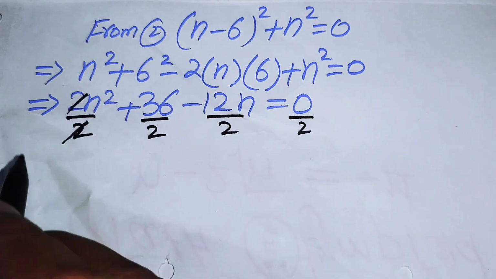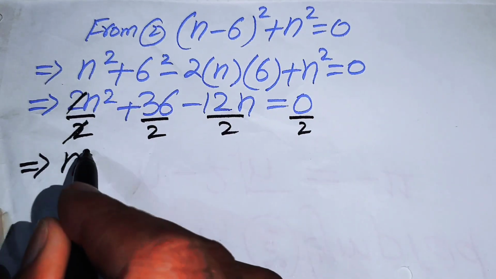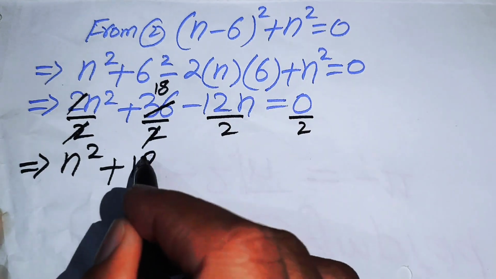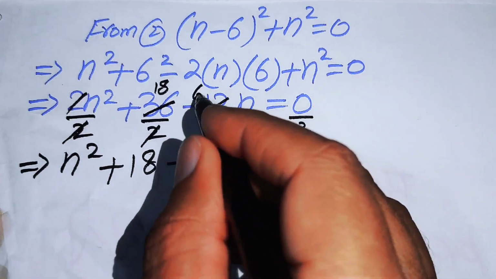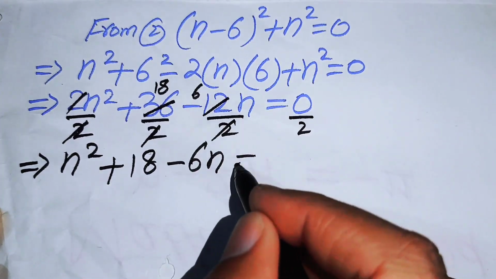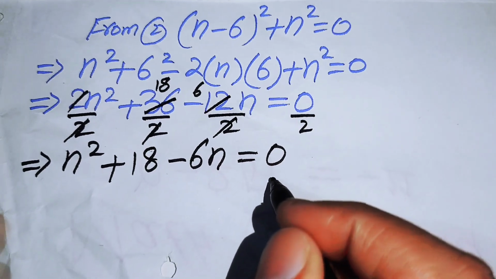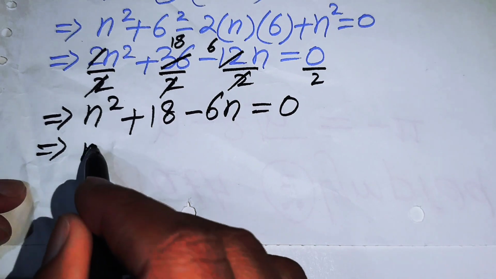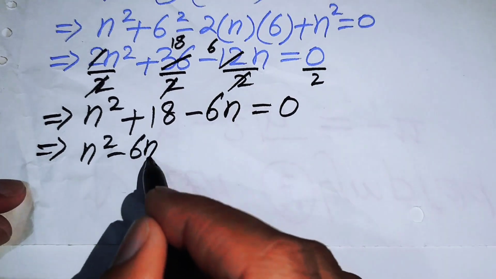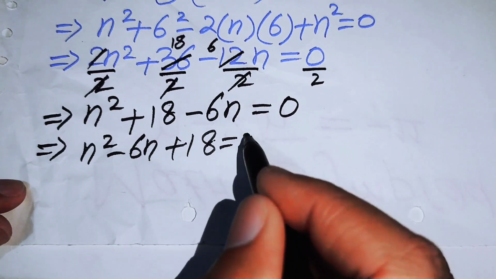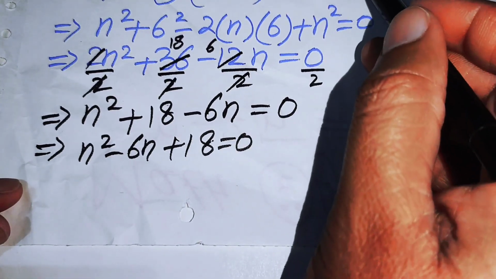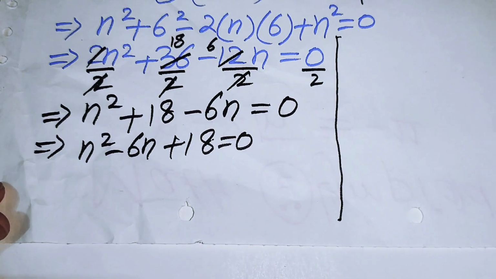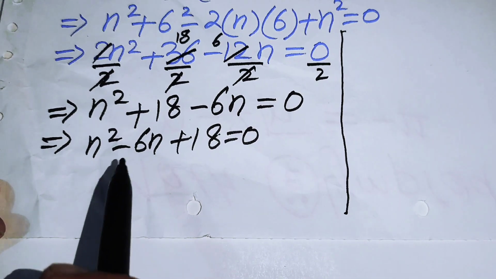Here these two cancel each other, and we get n squared plus 18, since 2 times 18 is 36, and 2 times 6 is 12, so minus 6n equals 0 over 2, which is 0. Now we rearrange these terms and get n squared minus 6n plus 18 equals 0.